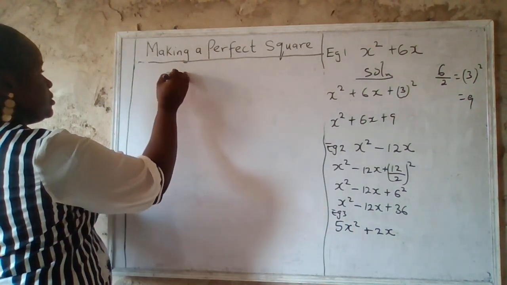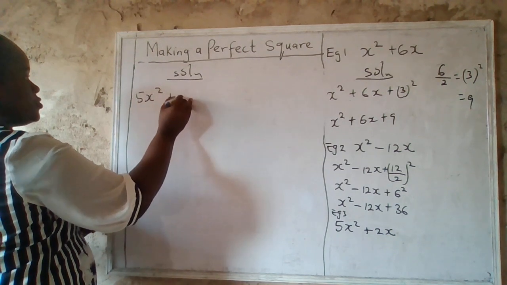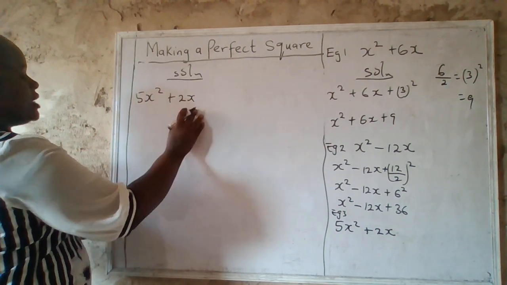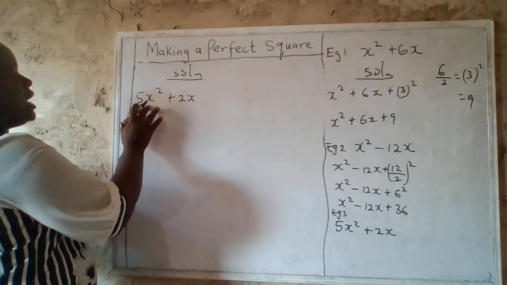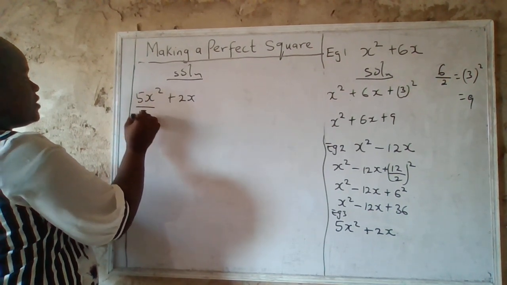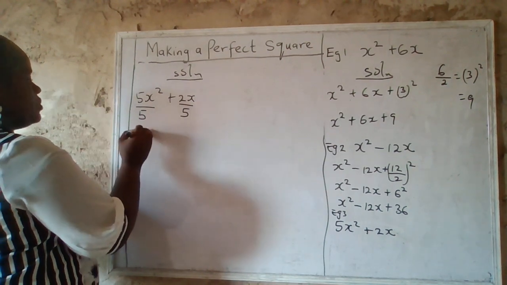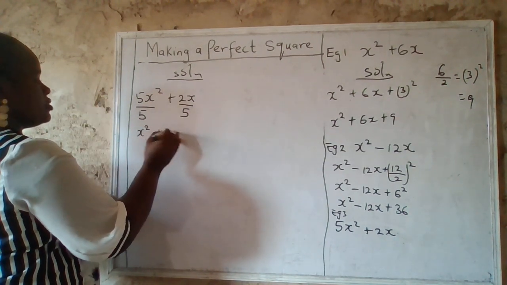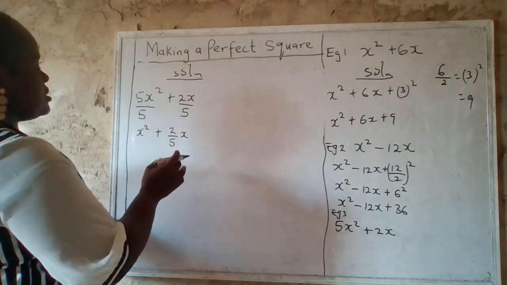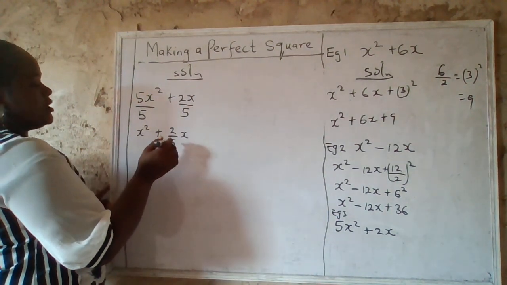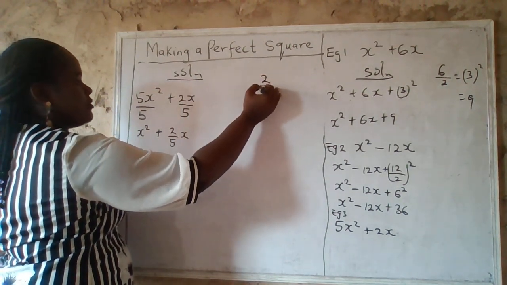So solution, I have 5x squared plus 2x. How do I do this? The first step is to identify the coefficient of x squared and divide through by that. So I will be dividing through by 5. After I've done that, that will leave me at x squared plus 2 over 5x. Now, we are going to identify the coefficient of x. The coefficient of x here is 2 over 5.